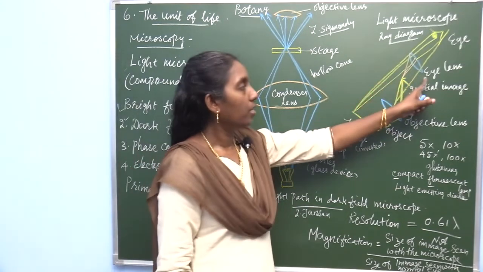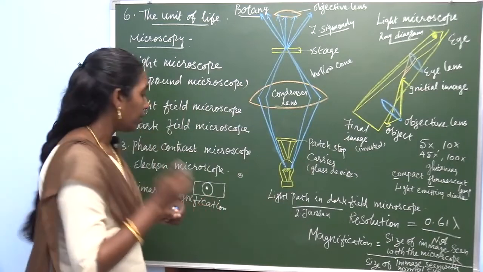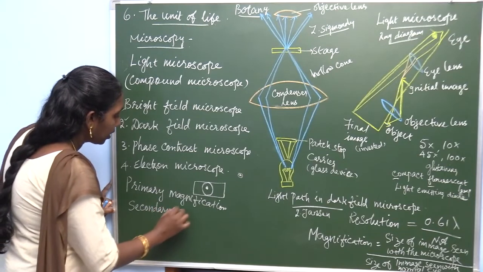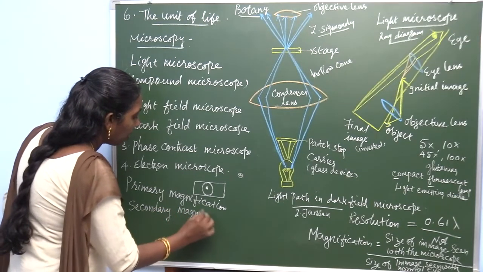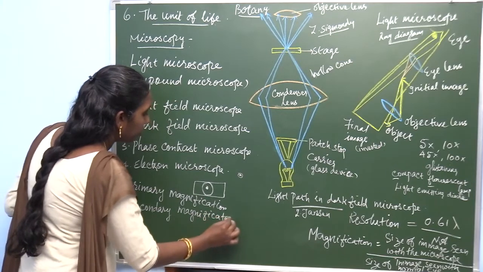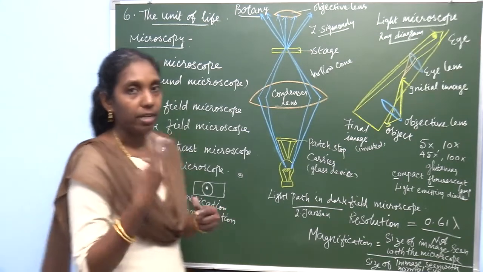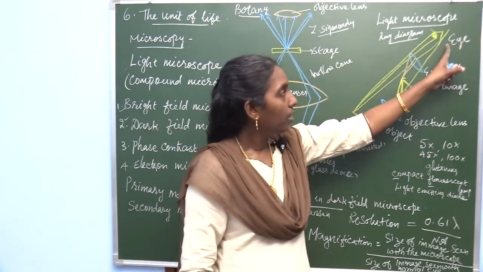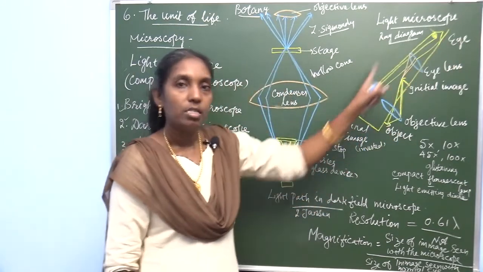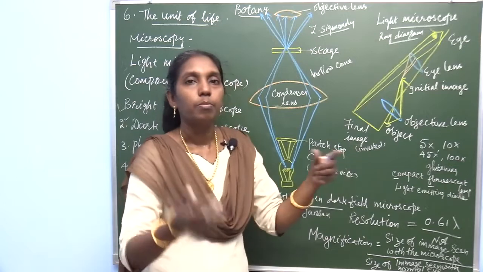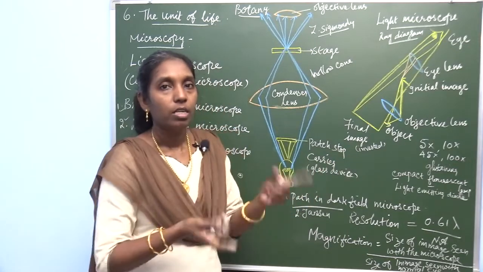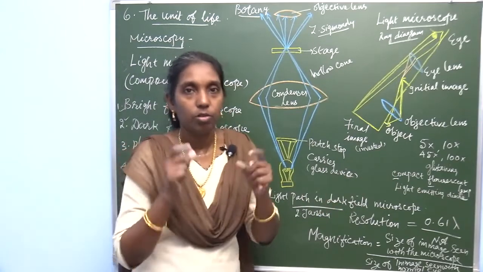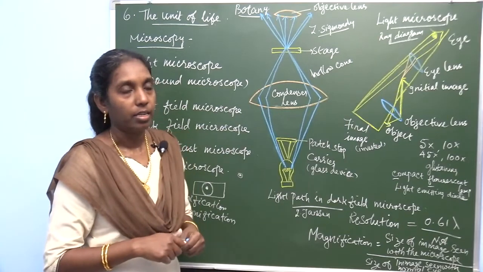And the eye lens, that is the eyepiece, magnifies the image again, that is the secondary magnification. So it magnifies the image 2 times, and when you look through the eye, the image is visible. The final image becomes an inverted image.